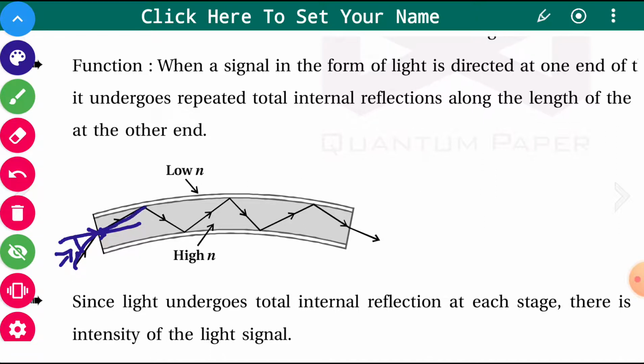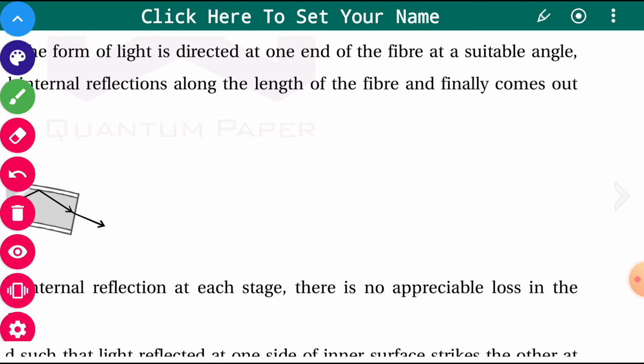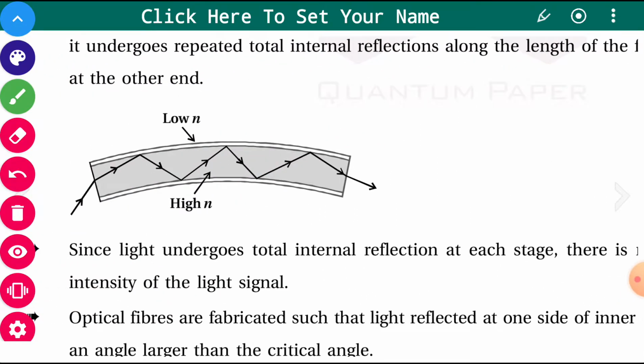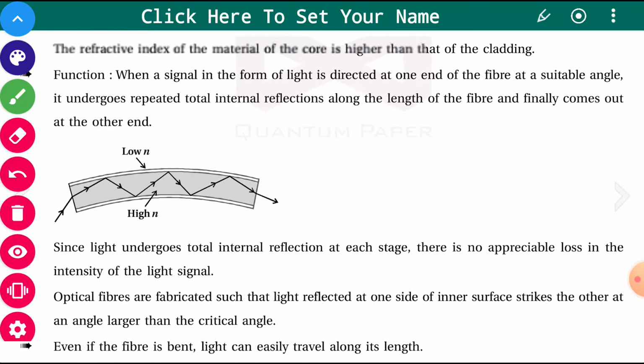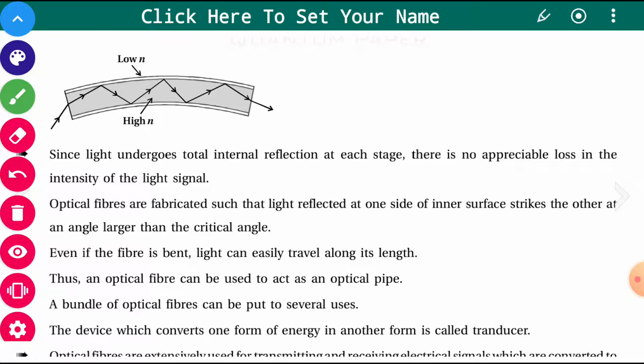It will experience TIR many times within the fiber, and then finally the ray will come out of the other end. Since the light undergoes TIR at each stage, there is no appreciable loss in the intensity of light. Intensity of light is not changed by a tremendous amount.